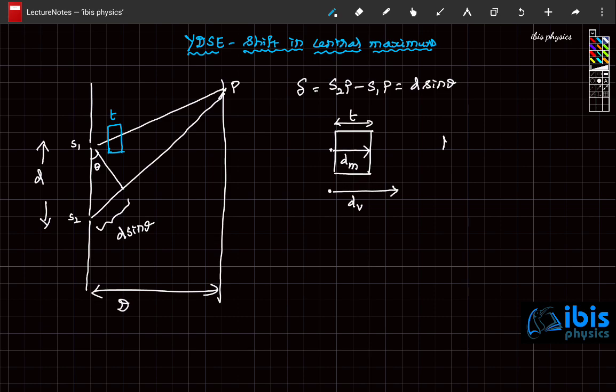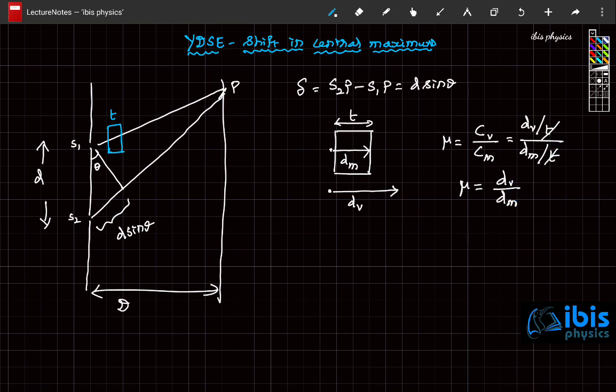We know refractive index mu is equal to velocity in vacuum by velocity in medium. Velocity in vacuum is distance traveled in vacuum by time taken, and in the same time, the distance traveled in medium is distance in medium by t. Cancelling these two, refractive index mu is distance in vacuum divided by distance in medium.